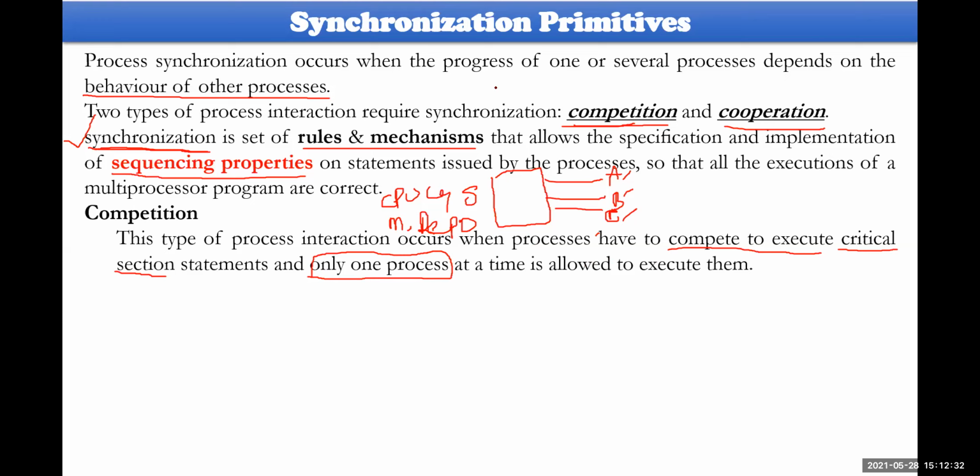All processes forward the requisition: now I'd like to execute my critical section. A signal is passed to the synchronization mechanism. No, not like this. Only one process will be given execution.